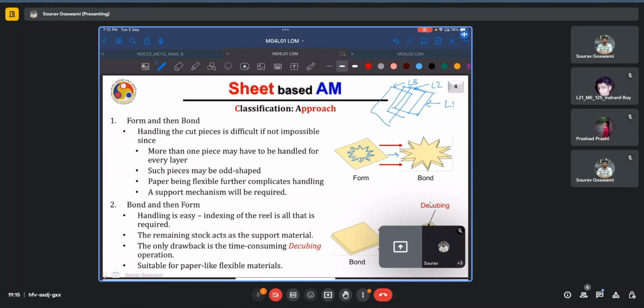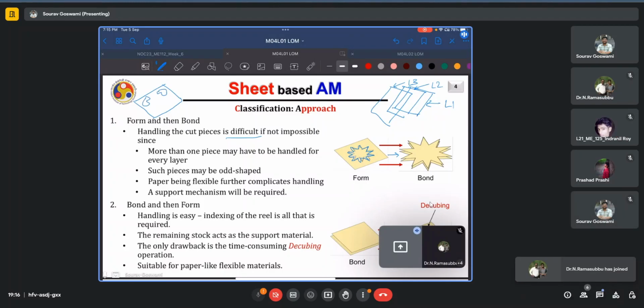However, this will have certain caveats. Handling the cut pieces is very difficult. Why is that? Because it is not necessary that each slice will have only a single contour, only a single geometrical shape that is being cut out. It might also be the case that for a particular slice you have multiple discrete contours corresponding to the object that we are trying to print.